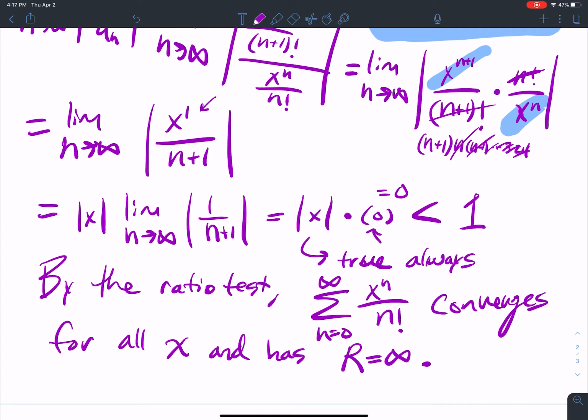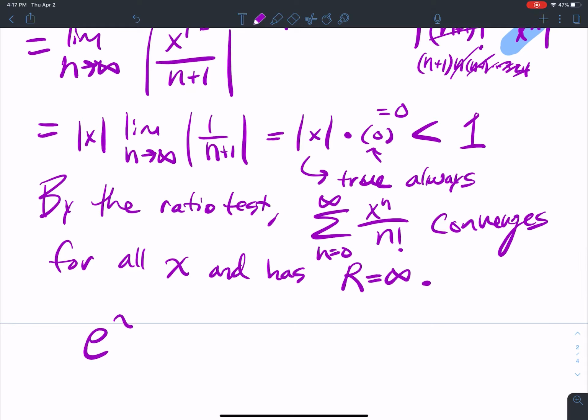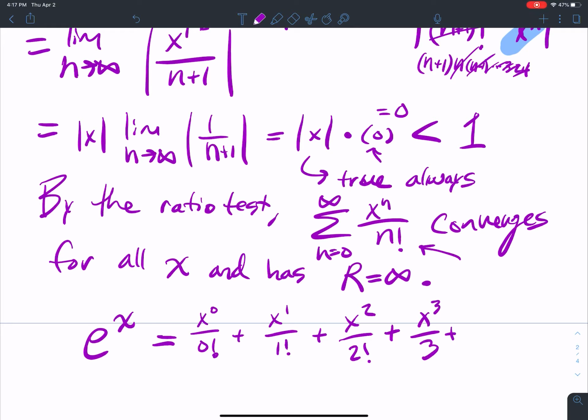So this is an amazing fact that says if I want to approximate e to the x, and I don't know how to do e to the x by hand, all I need to do is write out some terms. So n equals 0, that's x to the 0 over 0 factorial, plus x to the 1 over 1 factorial, plus x to the 2 over 2 factorial, plus x to the 3 over 3 factorial, and so on.